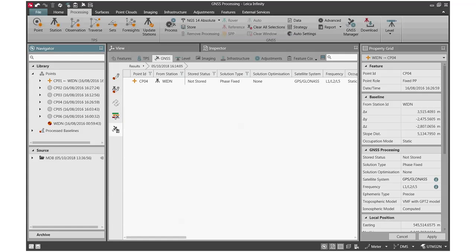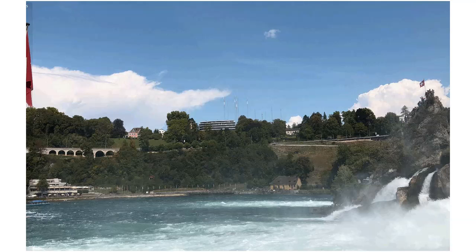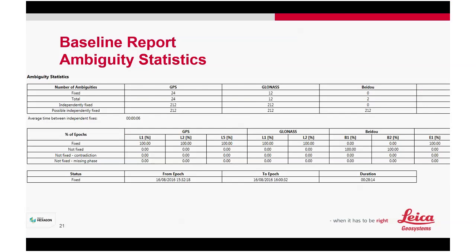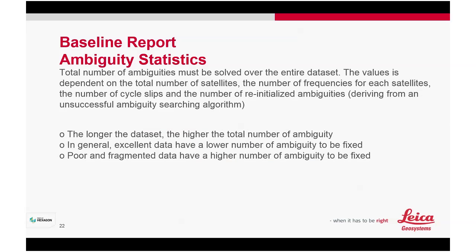I quickly show the PowerPoint slides to you. These slides talk about the definition and the description of the number of ambiguities, what's the fixed, what's the total, and give you some information. A longer data set has a high number of ambiguities.